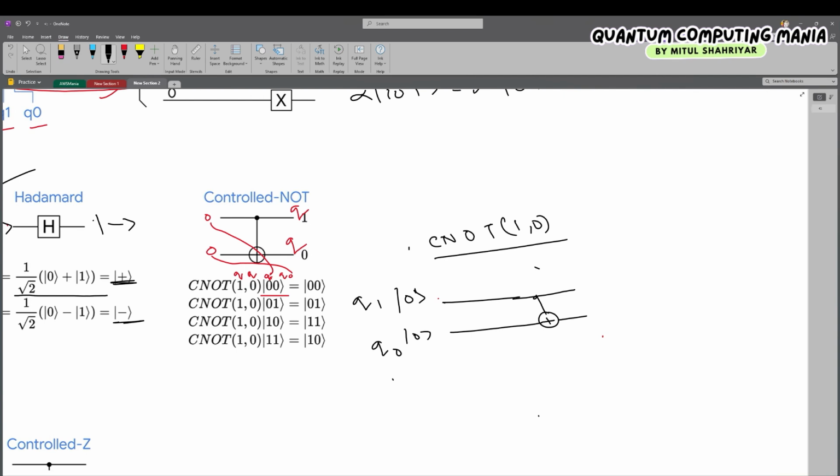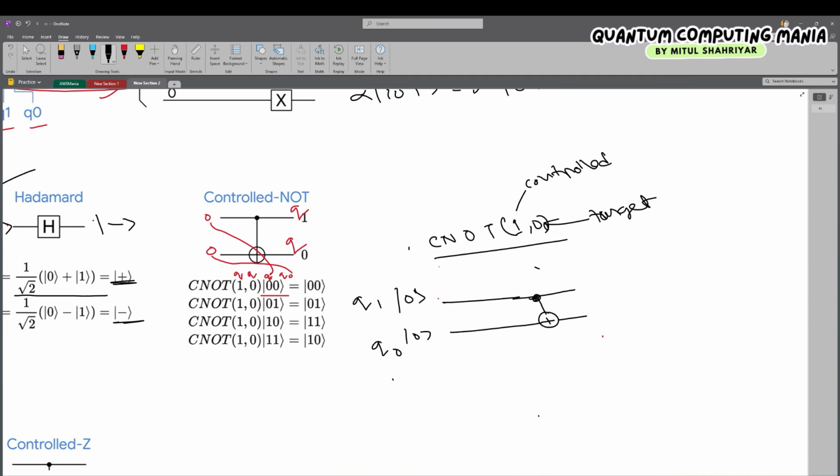Now let's see how CX works. The rule for controlled NOT, or CX, is that this is what controls, and this is the target. Here this is not the value, this is meaning the qubit.